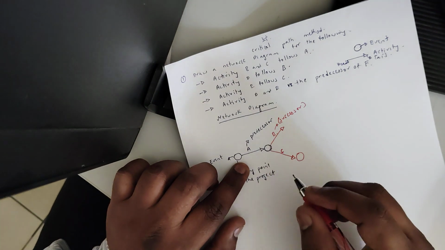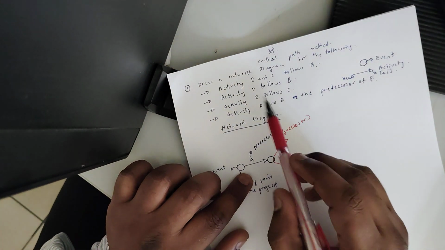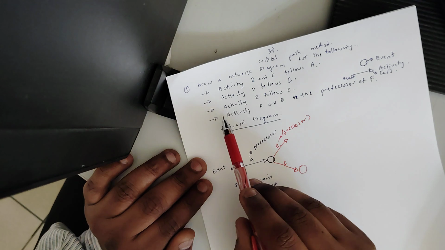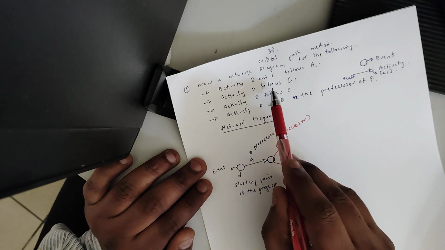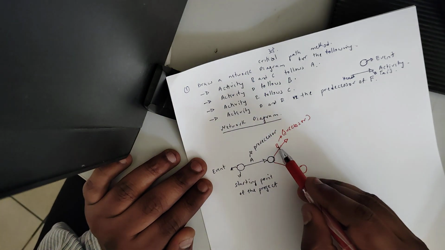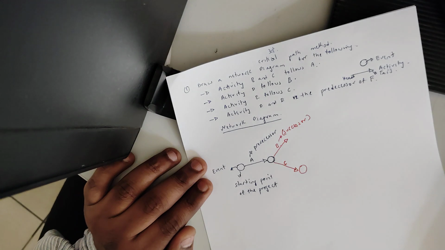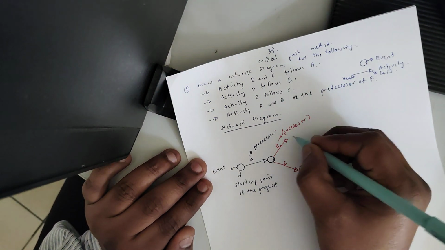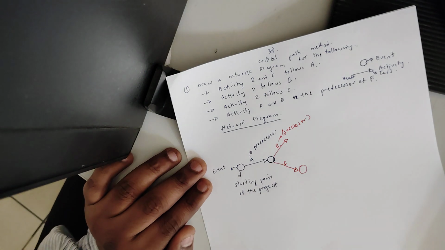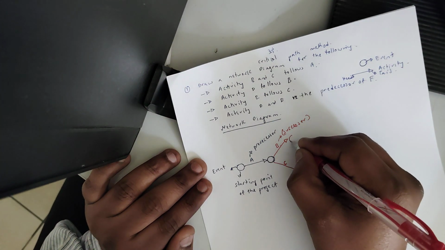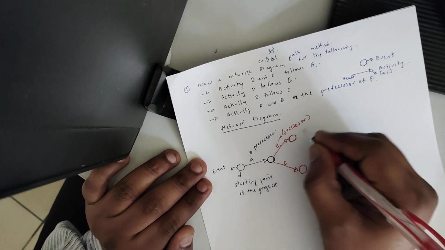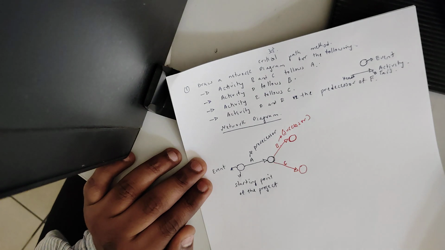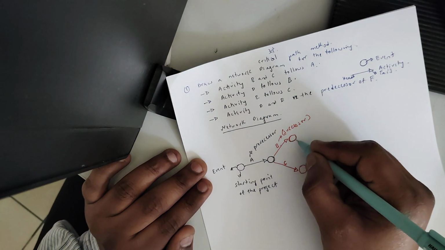Now we go to the next point. What is given? Activity D follows B. Where is B? B is here. Now draw an event: once the activity is completed, that event is completed.